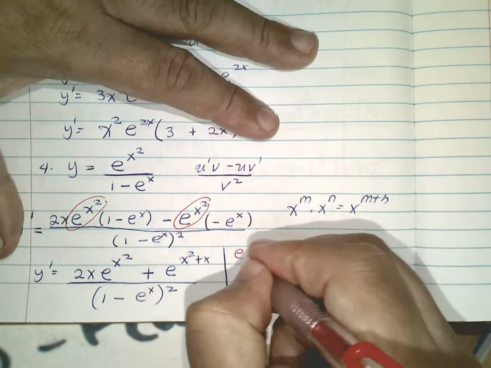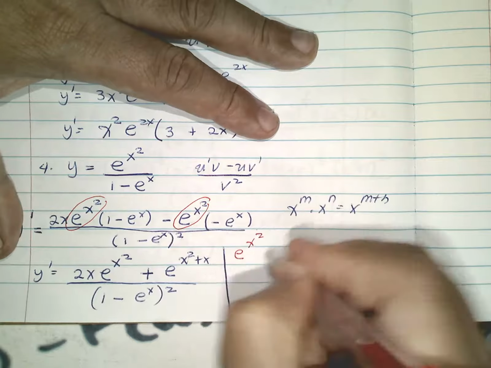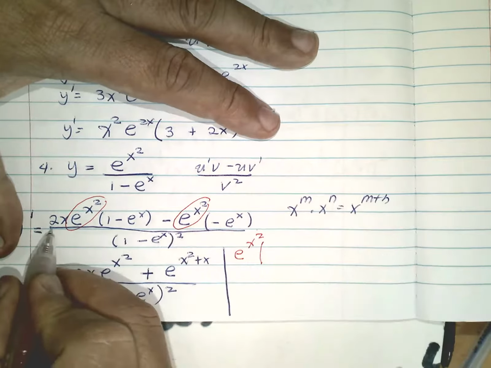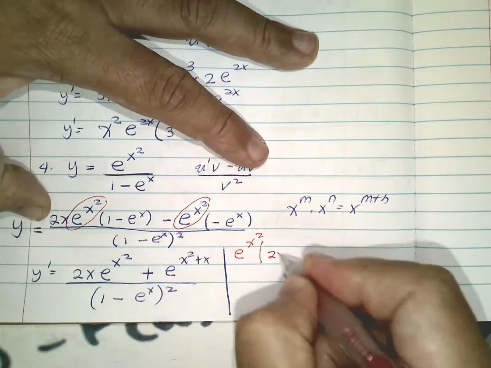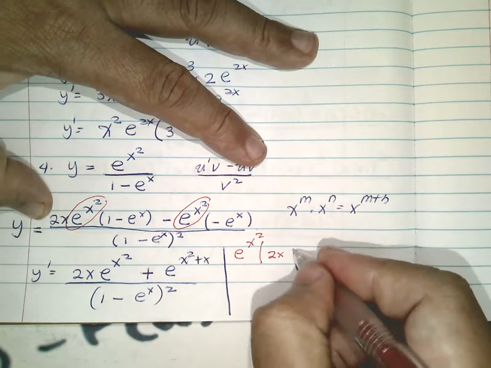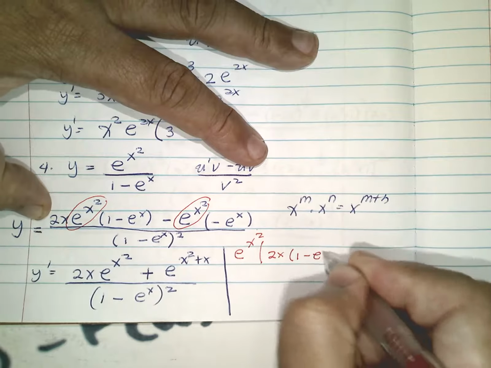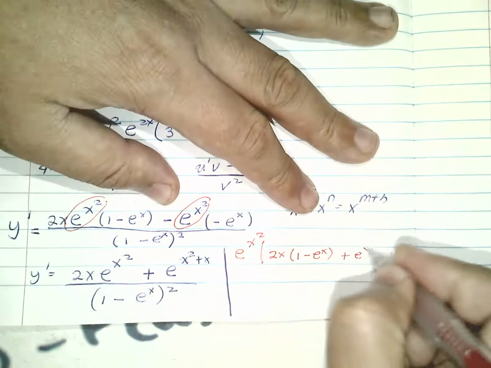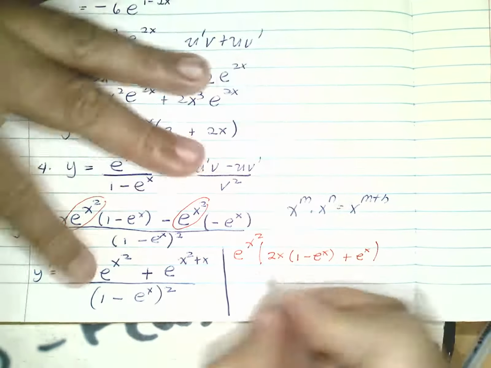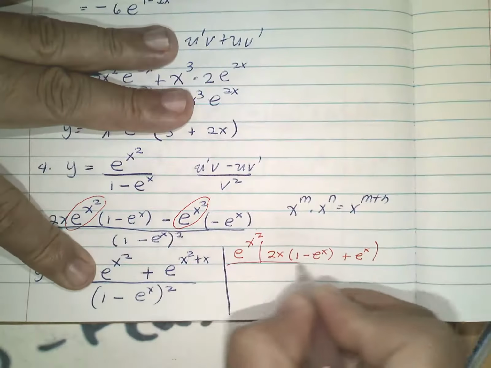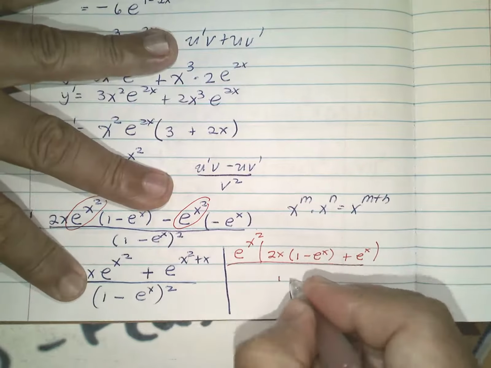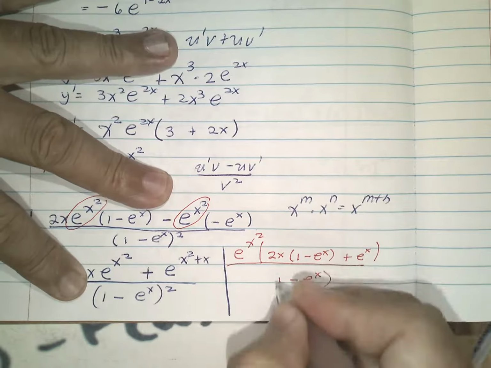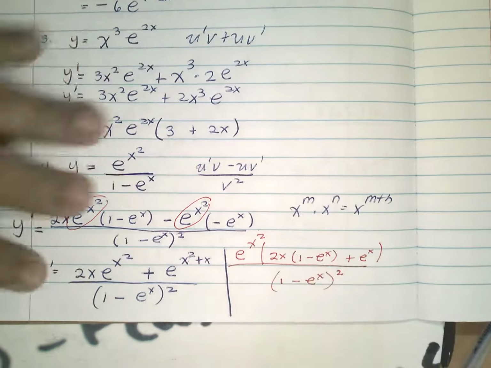So that's going to be e raised to x squared times 2x, times 1 minus e to the x, then plus e to the x. If you like to factor it that way, that's also all right. All over 1 minus e to the x raised to 2.